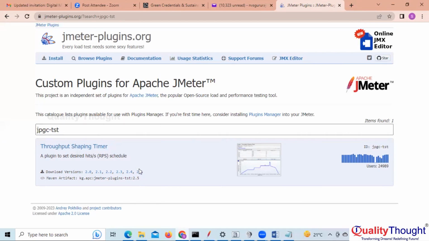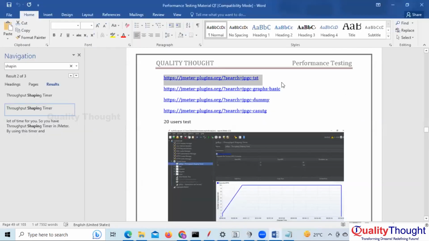You just need to download the latest version, unzip that, and copy the jar files which are under the library folder in Jmeter, and also the jar files which are in ext, you need to copy in ext, right? You know this process, right? I don't need to explain it again, or if you want, I'll explain it. Please let me know.